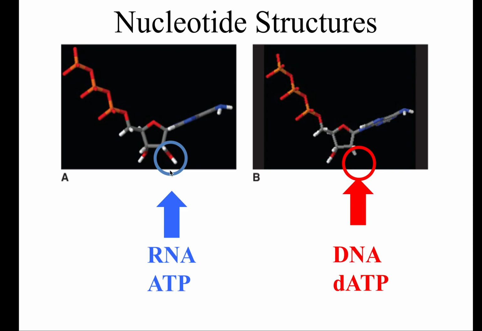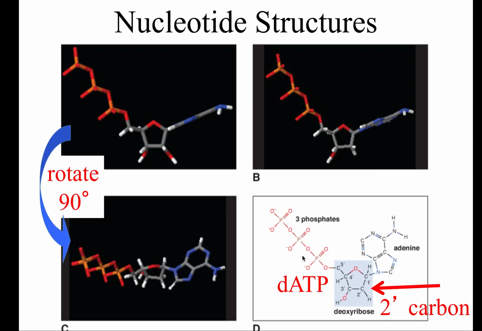Okay, for RNA, this base is an A, so this is called ATP. T means tri, 3 phosphates, and then this is dATP, the DNA version of that base.